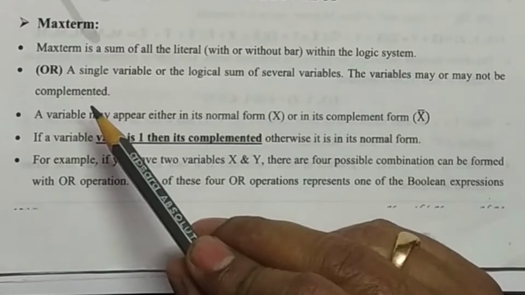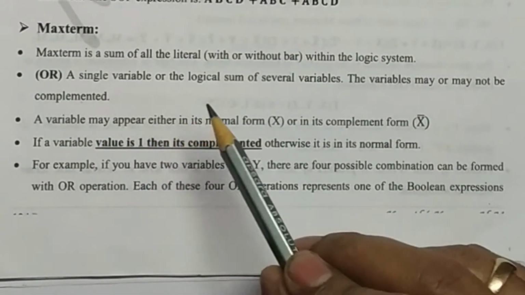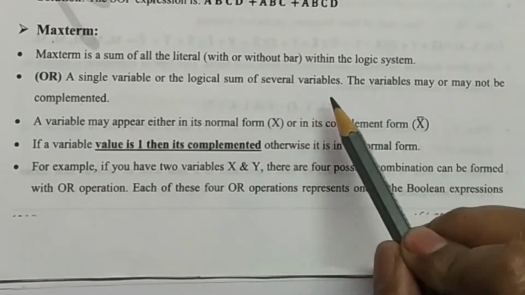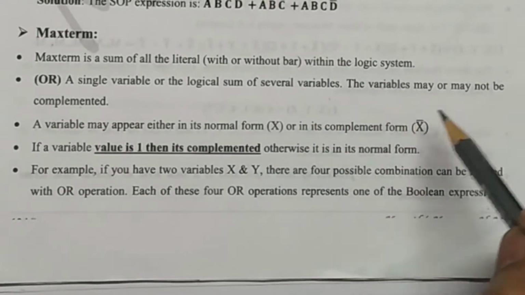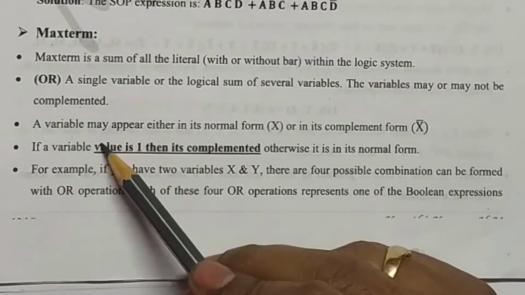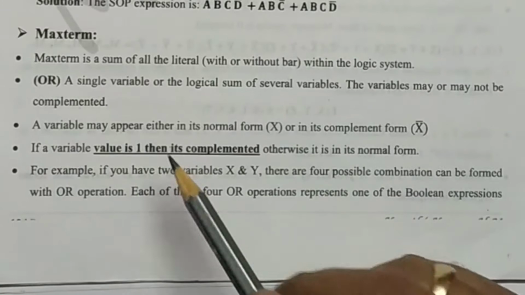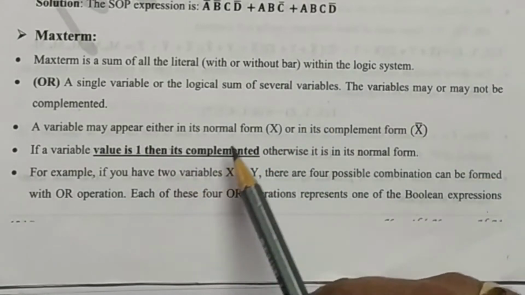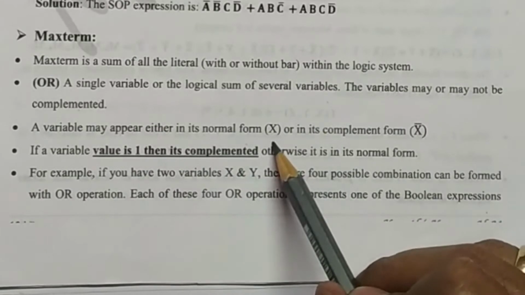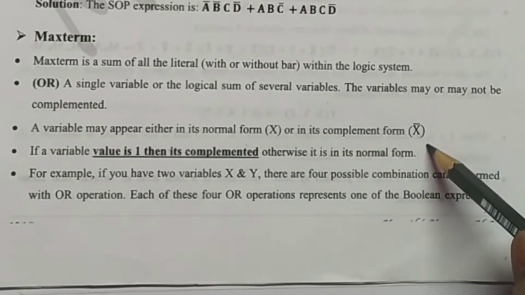And max term is normally a single variable or the logical sum of several variables. The variables may or may not be complemented. That means it may appear in the normal form, that is x, or its complement x bar.